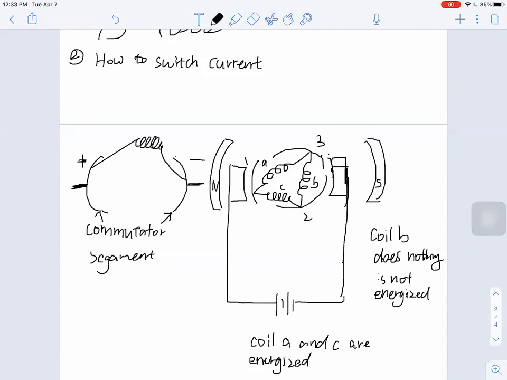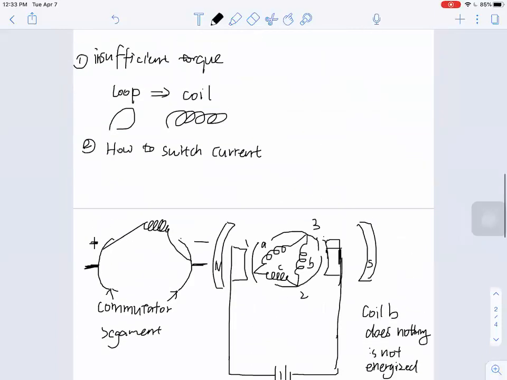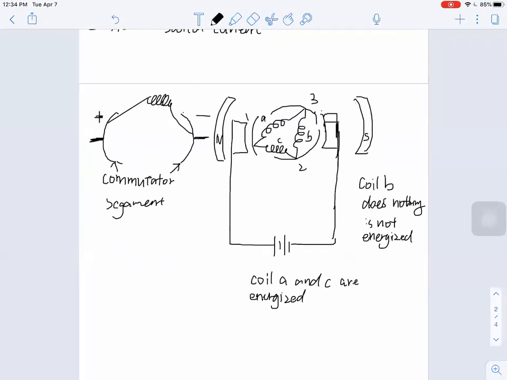Now this is the basics. We know how a motor works and we know how to improve the design of a motor. Now let's look at what mathematical equation we use for a brushed DC motor.